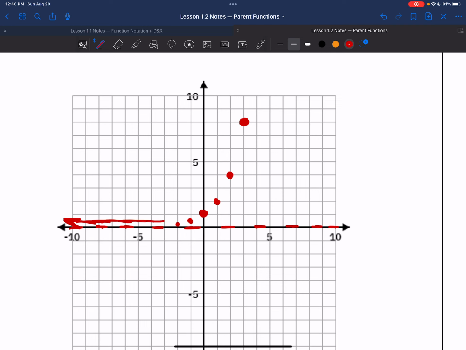Just kind of looks like this. So an exponential graph is really flat to the left, but not exactly flat. Just looks flat because it grows so slow.